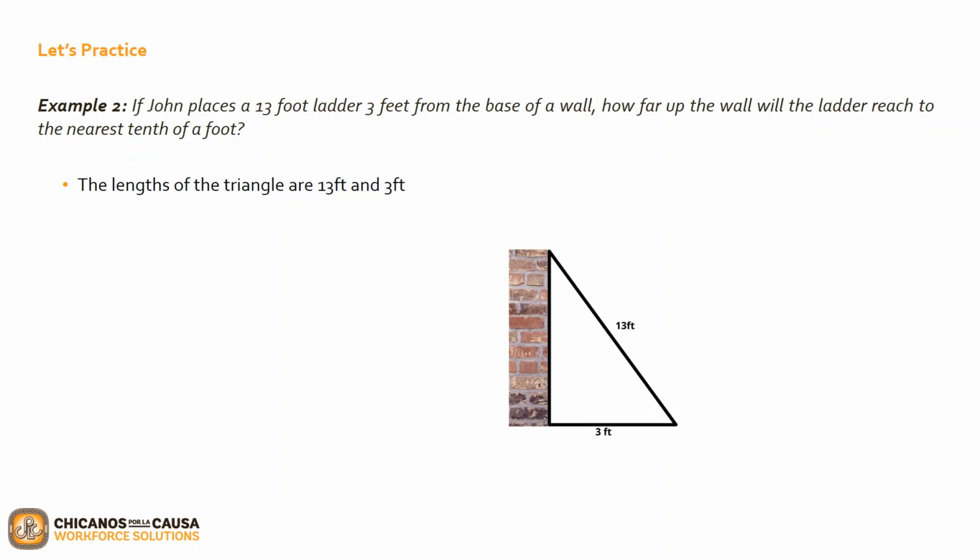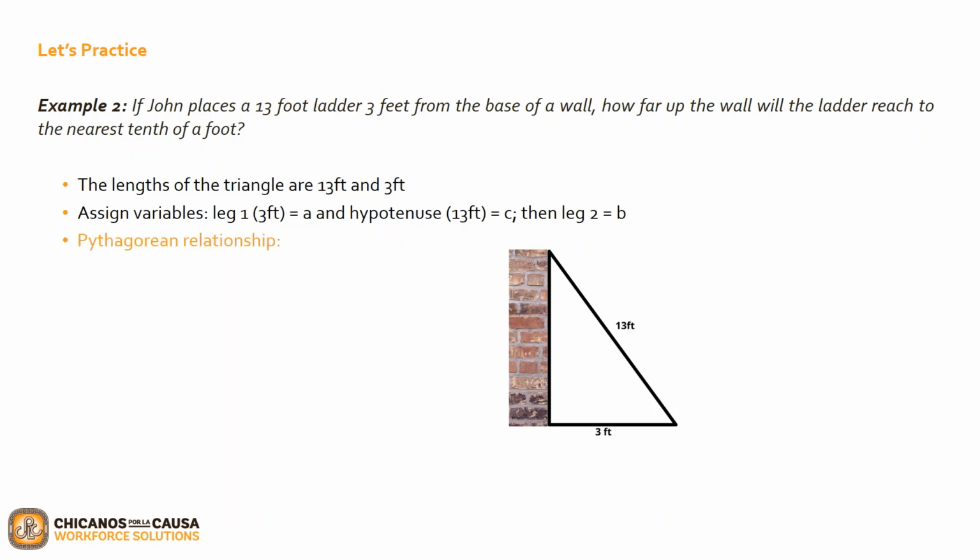Remember, 3 feet is a leg, and 13 feet is a hypotenuse because it's right across from the 90-degree angle. Let's assign the variables. Leg A is going to be 3 feet. The hypotenuse is going to be 13 feet, which we're going to assign variable C. And then leg 2, because it's an unknown variable, it's just going to be B.